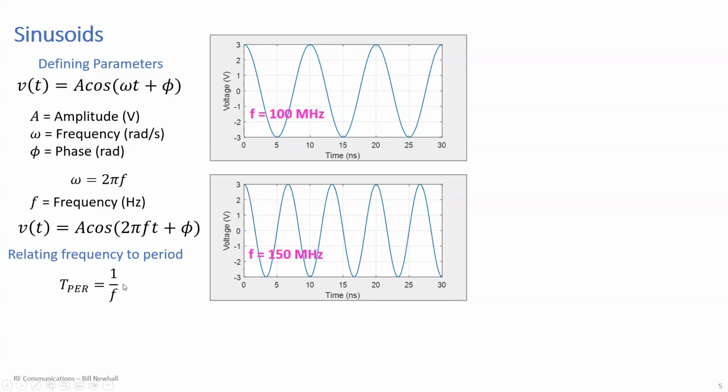Seconds per cycle is a measure of the period of the waveform, let's say from one peak to the next peak, or from one zero crossing in one direction to the next zero crossing in the same direction. Okay, so here you have a period of 10 nanoseconds, and that's 1 over 100 megahertz, 1 over 100 times 10 to the 6th.